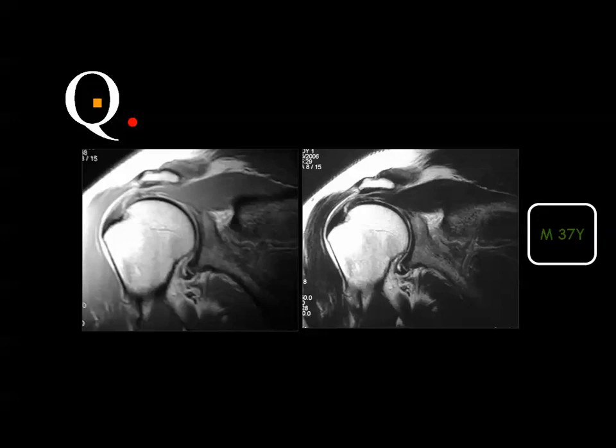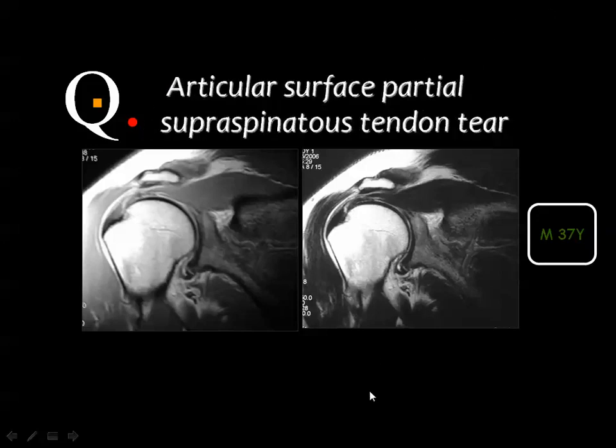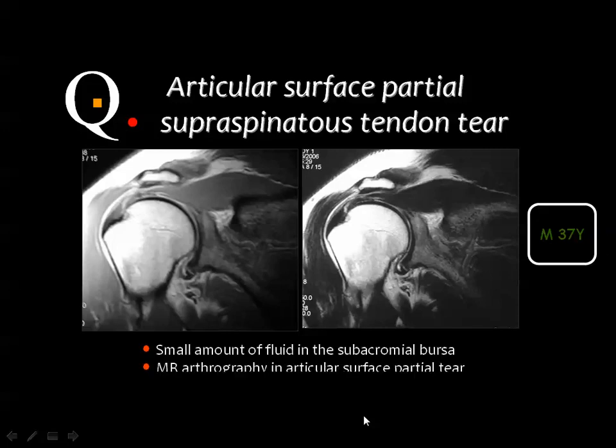Supraspinatus tear, complete or partial. Articular or bursal? Articular surface tear. There is osteoarthritis of the acromioclavicular joint, and there is tear within the supraspinatus tendon disrupting the inferior surface towards the articular aspect of the joint, and this is articular surface partial tear of the supraspinatus tendon.